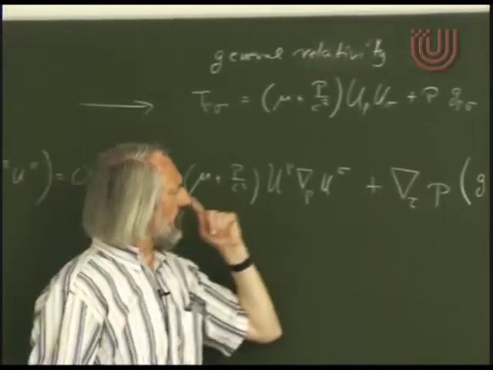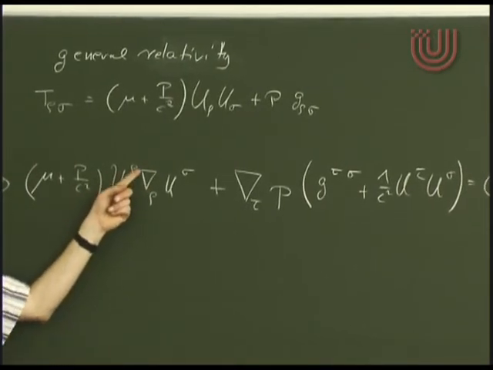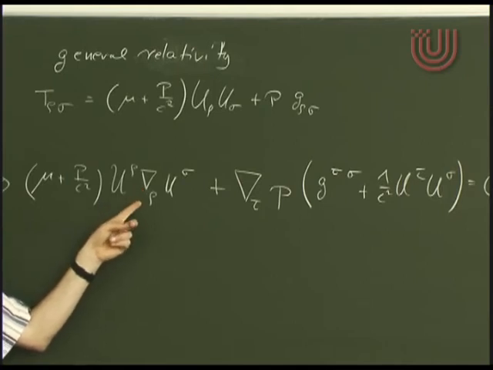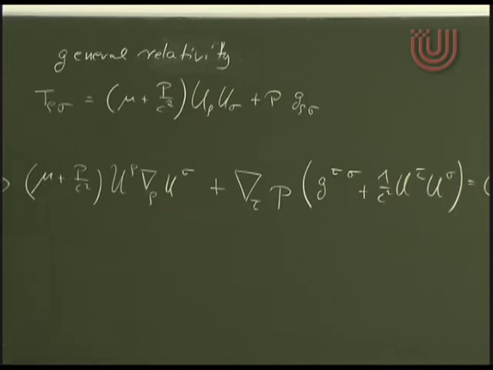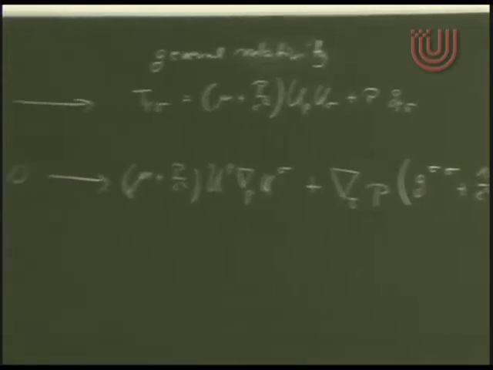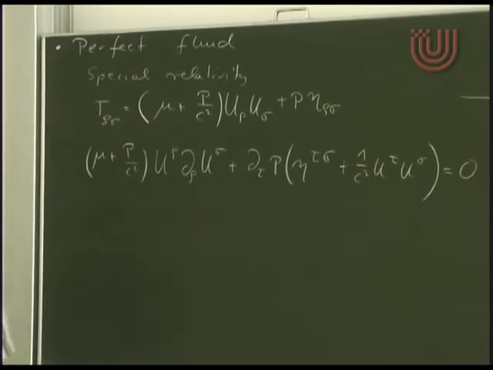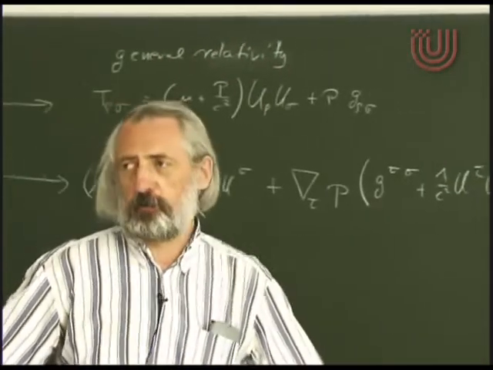I should mention that many people use a different notation. I think I have mentioned this a while ago, that instead of using this covariant derivative symbol, they use a semicolon. So they would write u sigma and then semicolon rho. And for a partial derivative, they would write comma rho. And then this rule that partial derivatives become covariant derivatives can be expressed by saying change any comma into a semicolon.